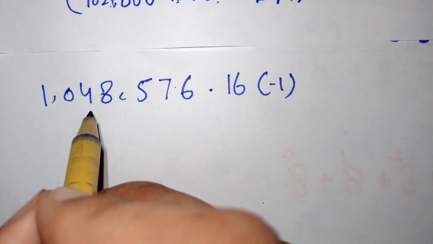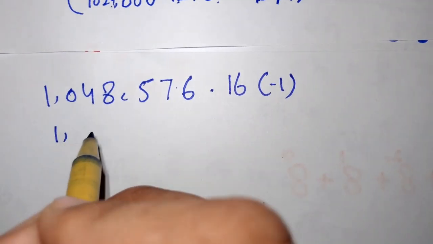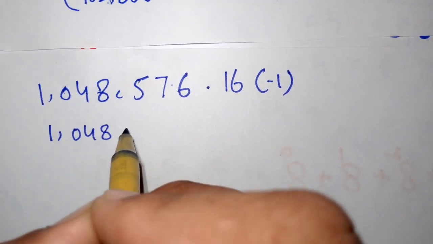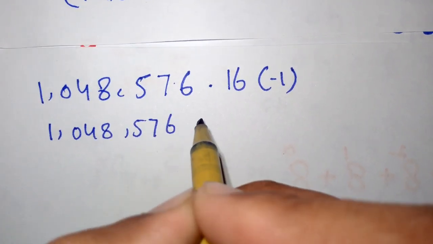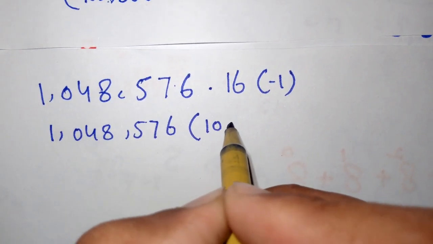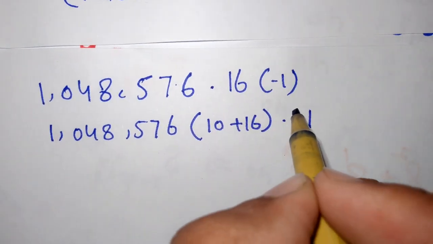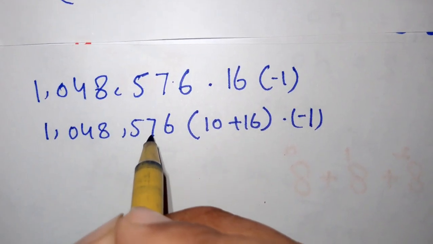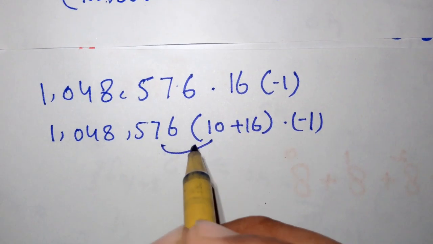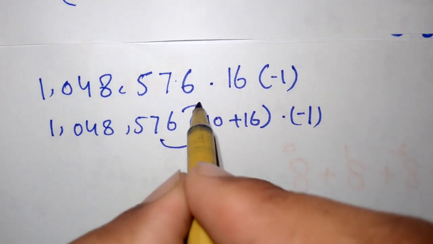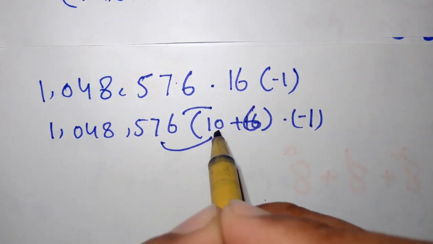Now we have to multiply this with 16. So 1,048,576 times 10 plus 6, times minus 1. 10 plus 6 is equal to 16.